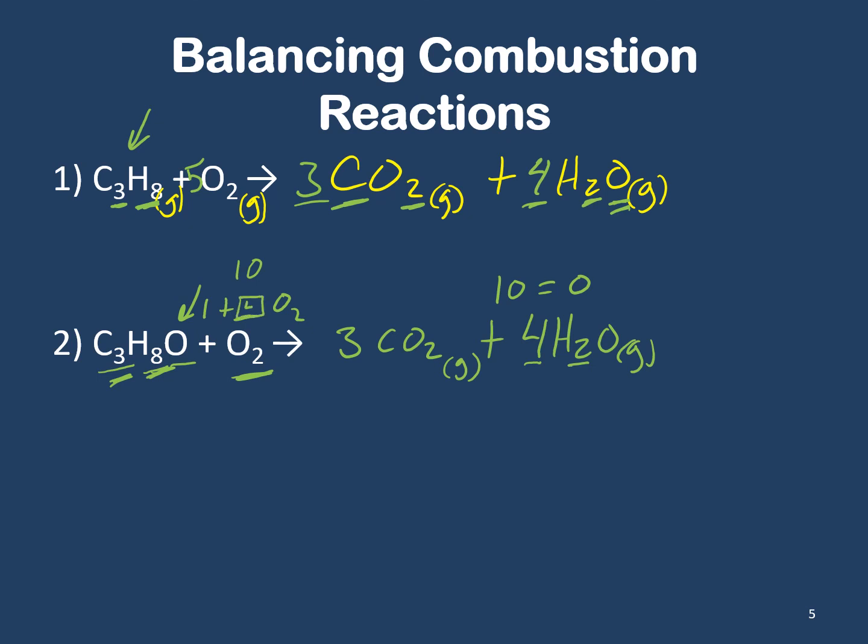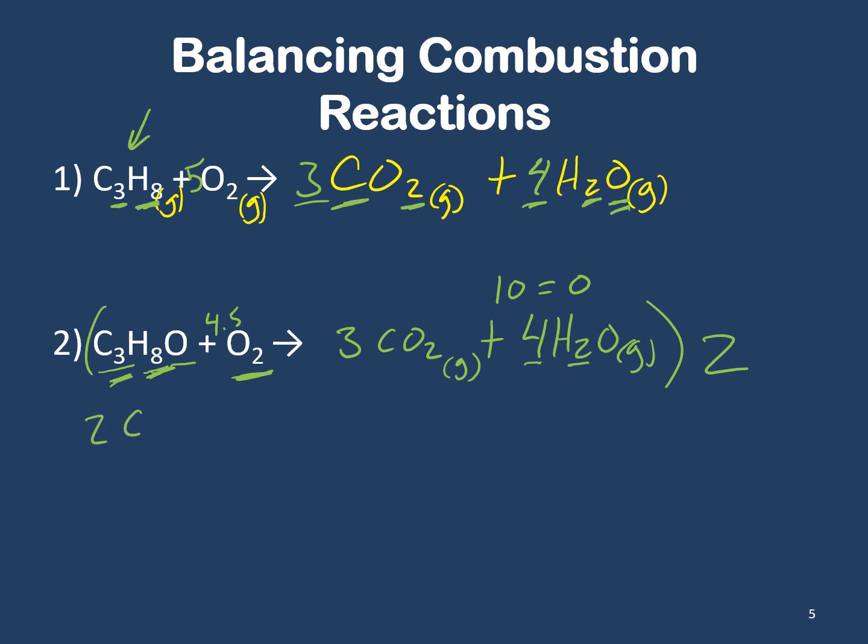Or in other words, this number here would have to be 4.5, because 4.5 times 2 is 9, plus 1 is 10, and then it's balanced. But we can't have half of an O2 molecule in our balanced chemical equation. They have to be integer values, our coefficients. So in this scenario, knowing that I would have to have put a 4.5 here, I need to multiply this whole thing by 2.